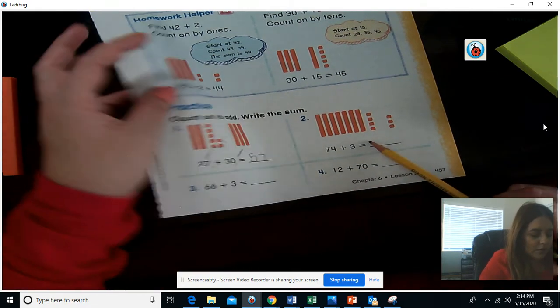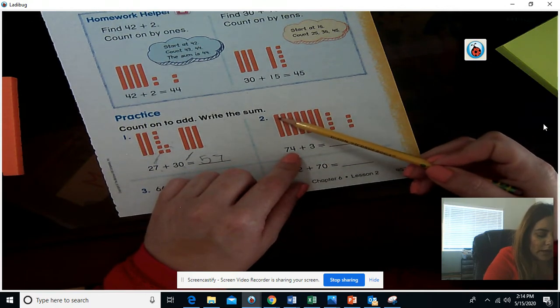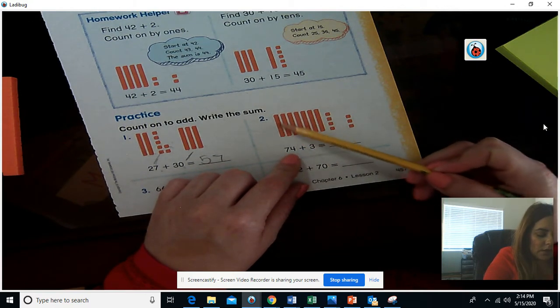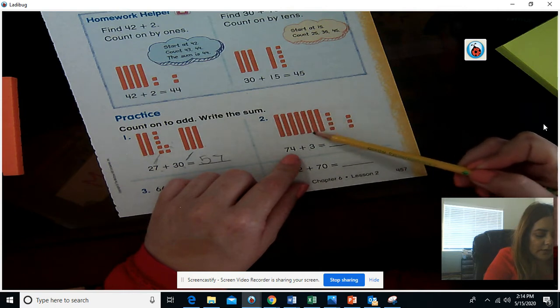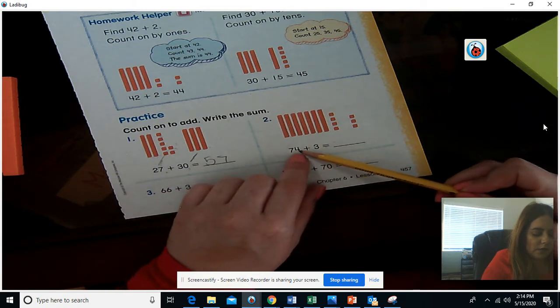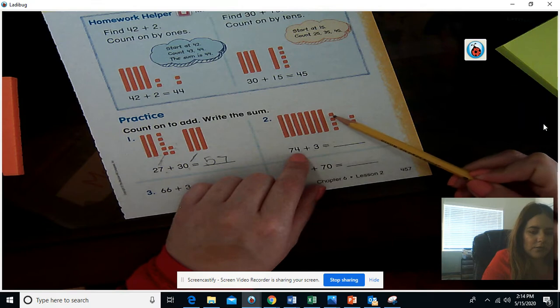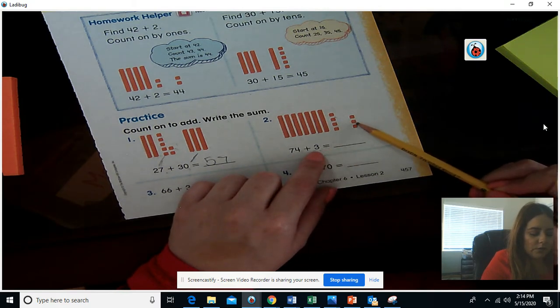Let's look at number 2, 74 plus 3. So 74 has 7 tens. 1, 2, 3, 4, 5, 6, 7. It has 7 tens and 4 ones. 1, 2, 3, 4. And then we're going to add 3 ones. 1, 2, 3.